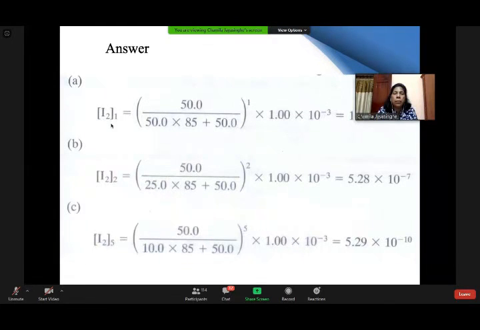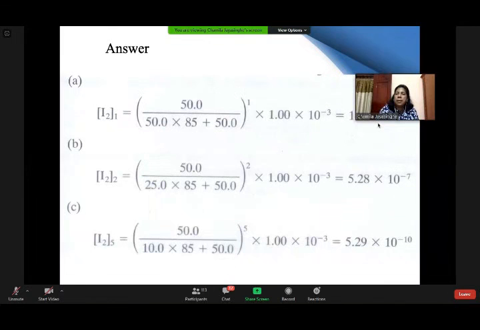Now when I2 is used 50 ml one time, 1.16 into 10 to the power minus 5 remains in the aqueous solution. When we are using it 25 into 2 times, you can see that the remaining amount is 5.28 into 10 to the power minus 7.